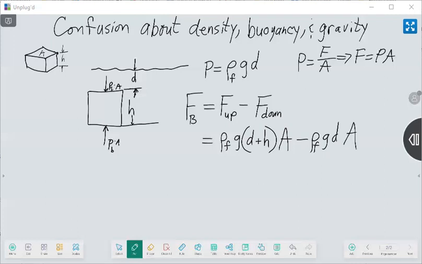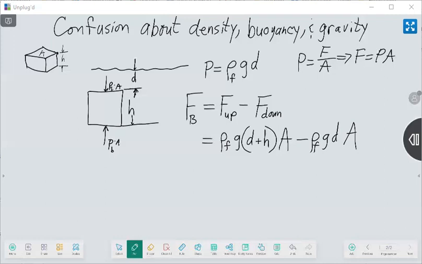So we can simplify this. We have rho G times D times A plus rho G times H times A, and it has rho G D A subtracted from it.